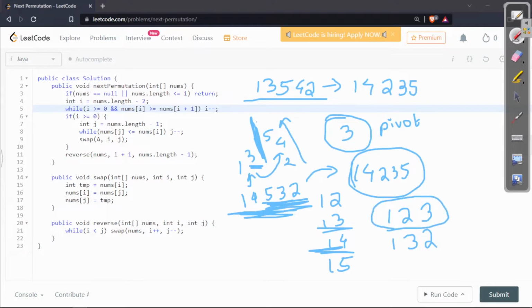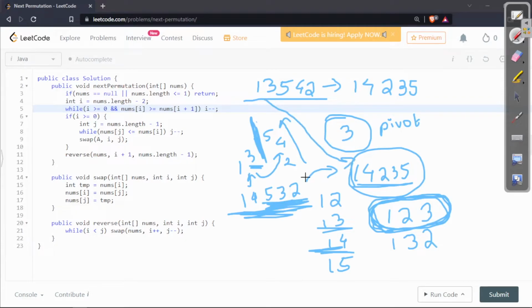So why is 123 the smallest? Because 123 is already sorted in ascending order. That is why it is the smallest number which is possible. So that is why we are sorting this part. If we sort this part, then only we would get something which is closest to our original number.